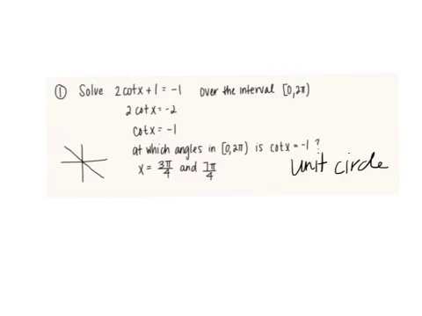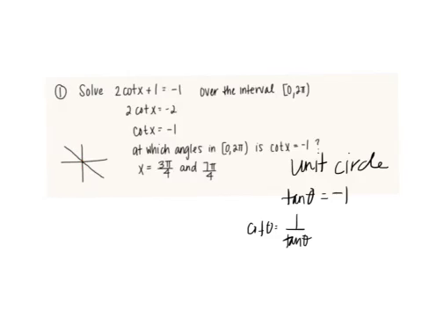You can think of tangent, because tangent of theta is equal to -1 at these same places, and since cotangent is 1 over tangent, you can look at where tangent is -1, which is at these two angles, 3 pi over 4 and 7 pi over 4.